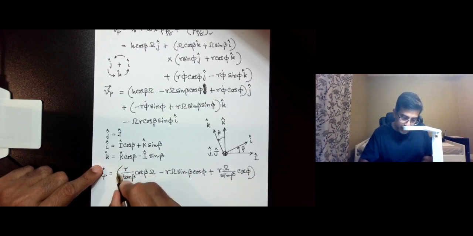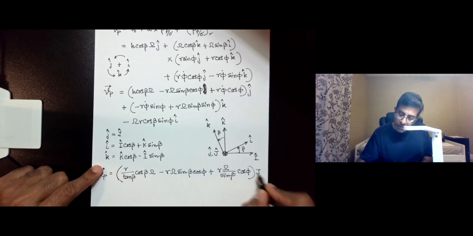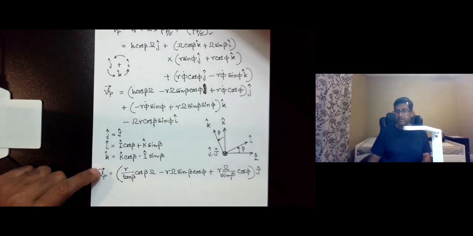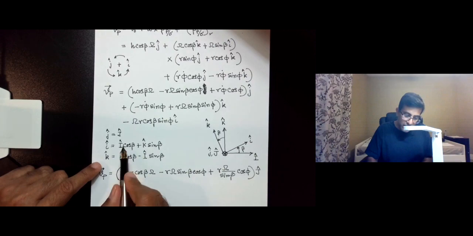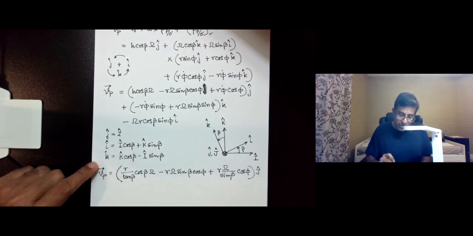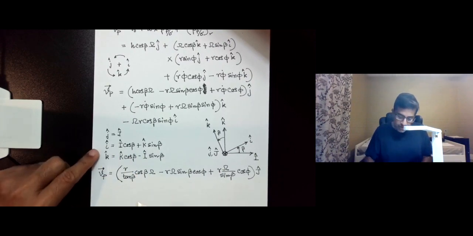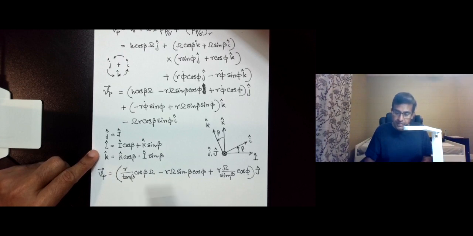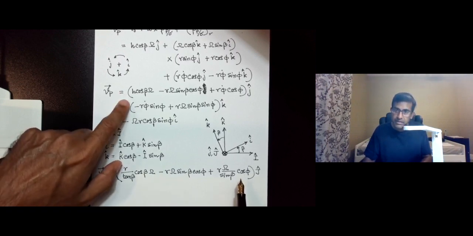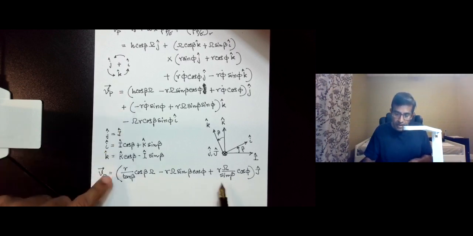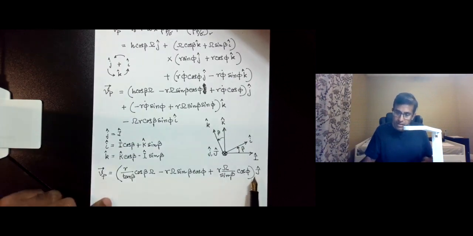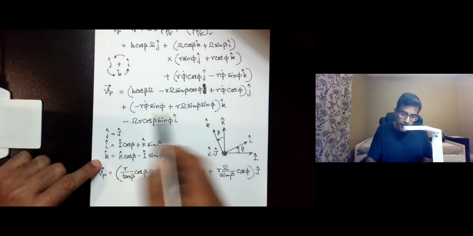And since we are expressing everything using the capital I, J, K directions and small j is equal to the capital J direction, hence we have this expression. This expression comes directly from this j component, and I have just replaced the small j with capital J.